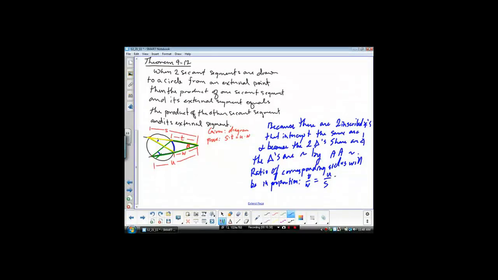Now it means extremes property. So when we cross multiply here, we get what we want to prove, that S times T equals U times W.